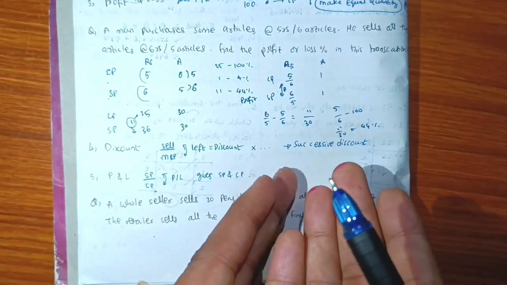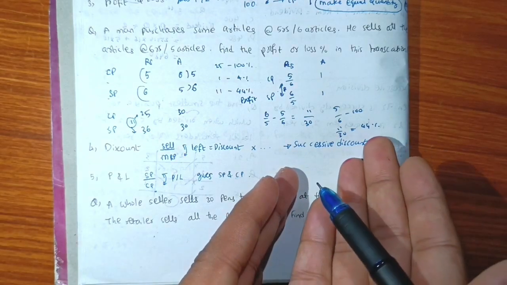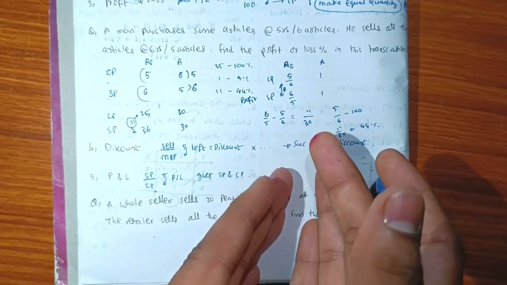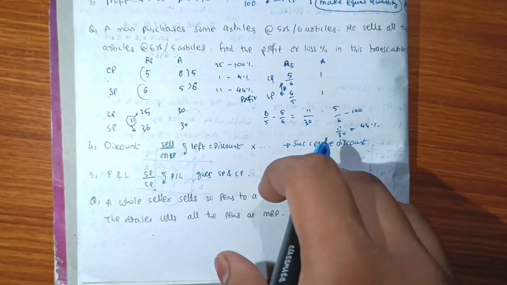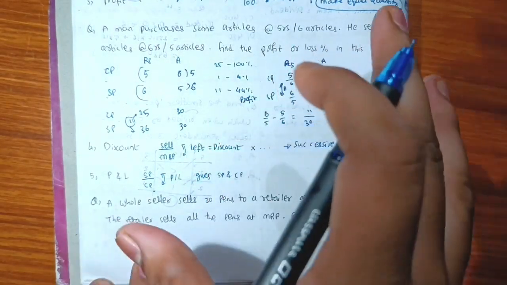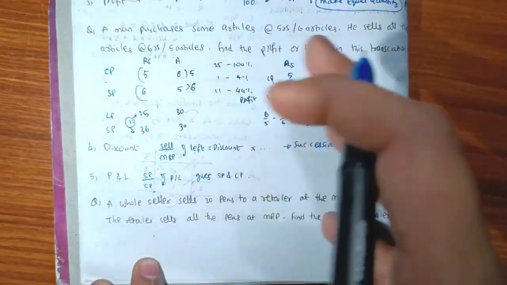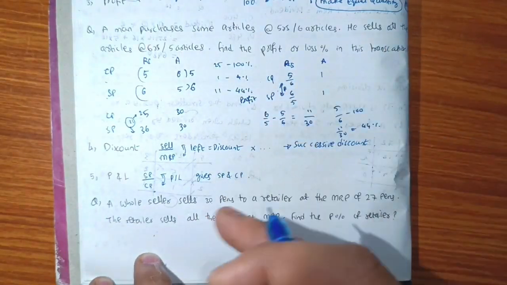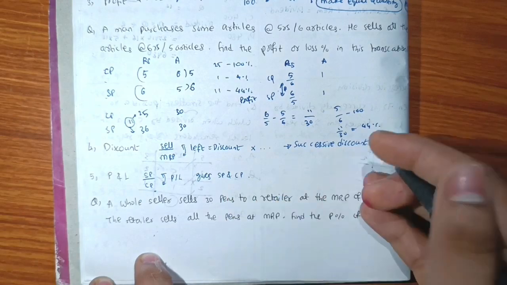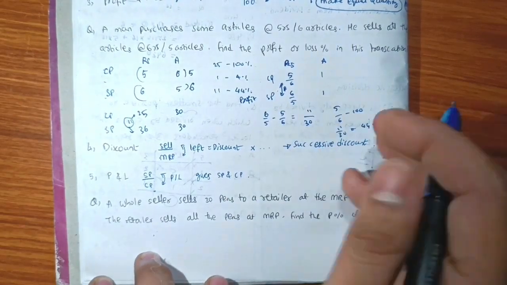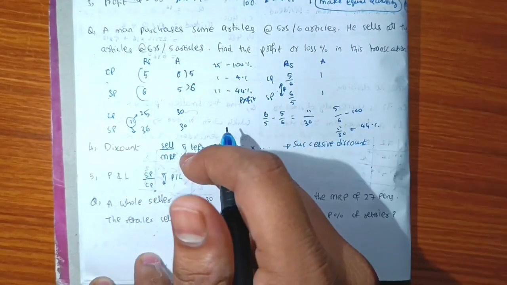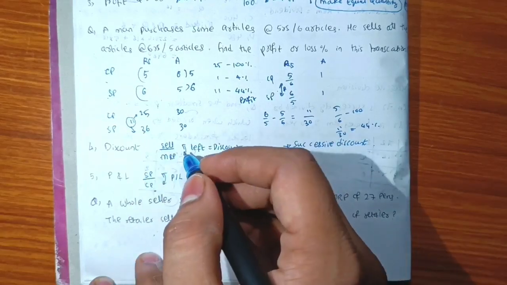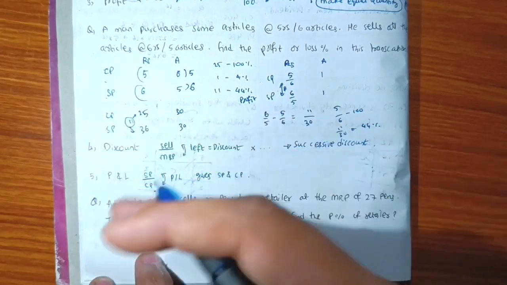This is more important when you have successive discounts, like multiple discounts. Once he gives a discount of X, and then again on the remaining he gives a discount of Y, and so on. If discounts are given multiple times, they are successive discounts. You need to remember this formula. By this method, this trick, we have solved many questions.